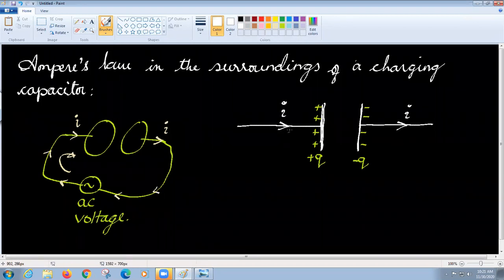Okay. Now what do you do? Let me take an Amperian path. We will take some point P and draw an Amperian path passing through this point P. You try to understand this now.